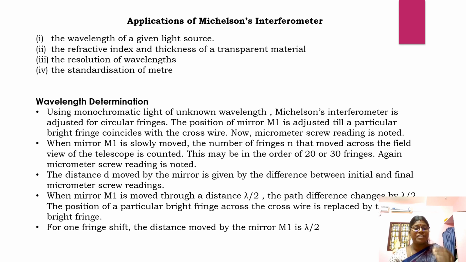So for one fringe shift, the distance moved by the mirror M1 is equal to lambda by 2.